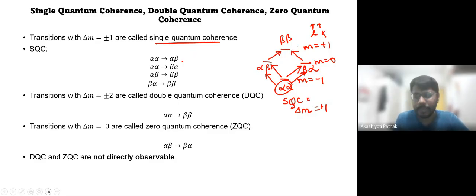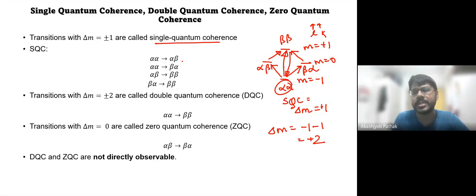Similarly, there can be transitions that result in double quantum coherences. Double quantum coherences are alpha alpha to beta beta, because here the delta m is 2, either alpha alpha to beta beta or beta beta to alpha alpha.